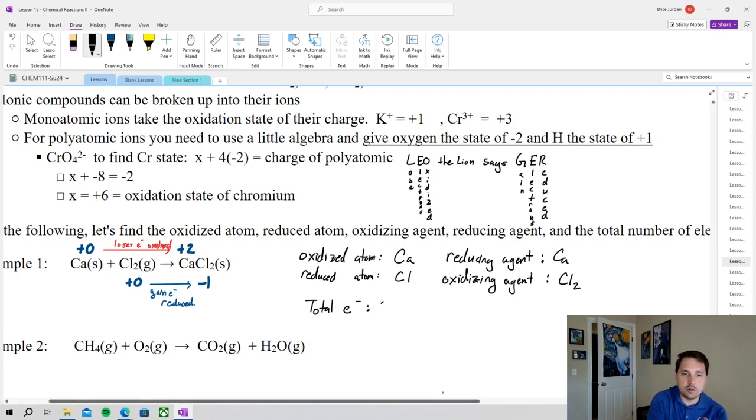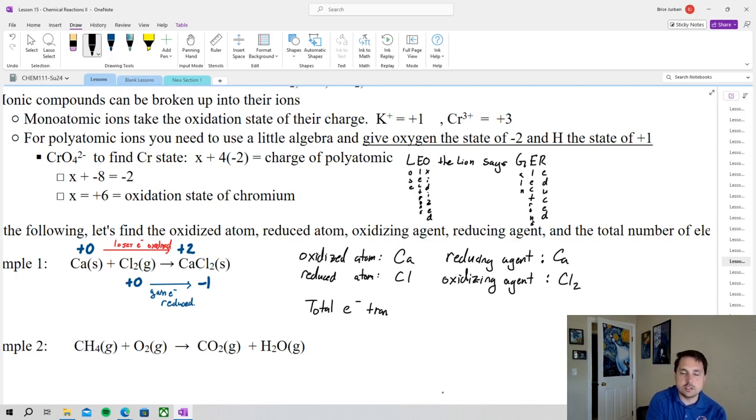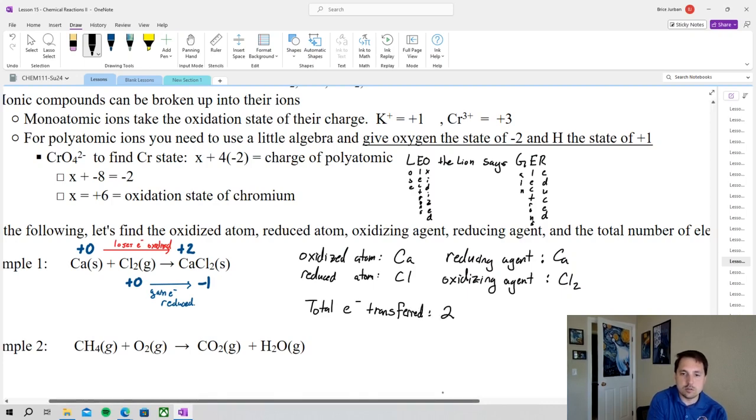It's not 4. It's not 3. And that's because those 2 electrons that are transferred from the calcium go to the chlorine molecule, where one of the chlorines gets 1 electron, the other gets the other. So transferred is 2.